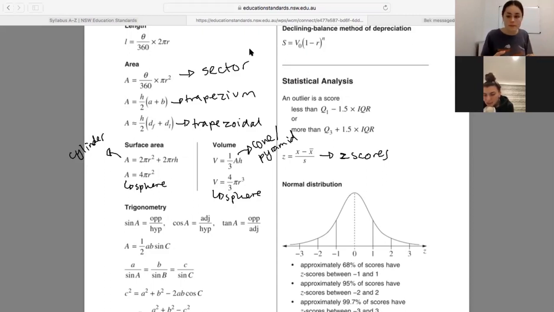What sector? That's if we had a circle and this part here, they asked us to find that part, like the area of that little part of the circle. So here it would be like, I don't know, 70 degrees, and the radius would be 3.